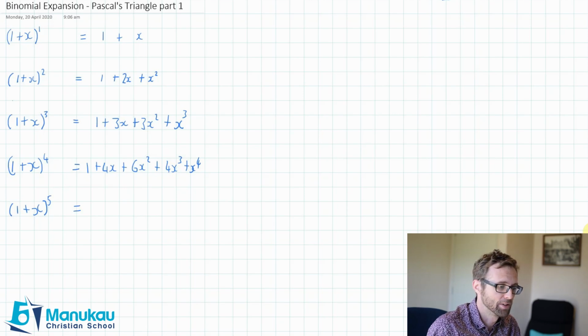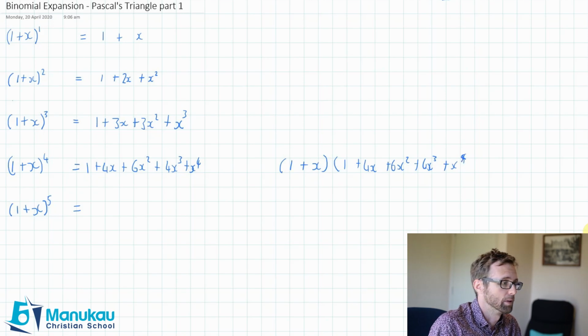So it'll look something like this. 1 plus x all into 1 plus 4x plus 6x squared plus 4x cubed plus x to the power of 4. Let's just fix that up. Okay.